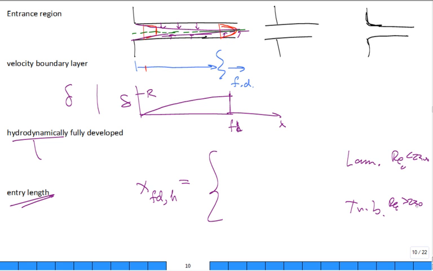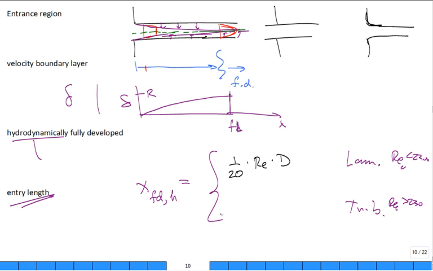So what are the equations and how am I going to analytically develop it? Well, we don't analytically develop it. A lot of people have studied this and experimentally found that it's about 1/20th times the Reynolds number times the diameter.